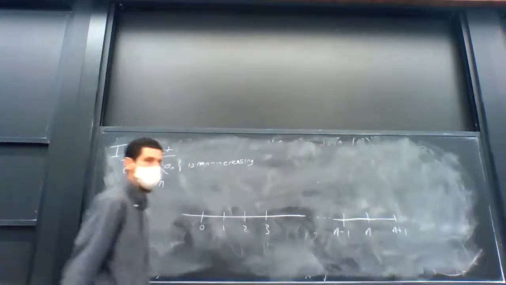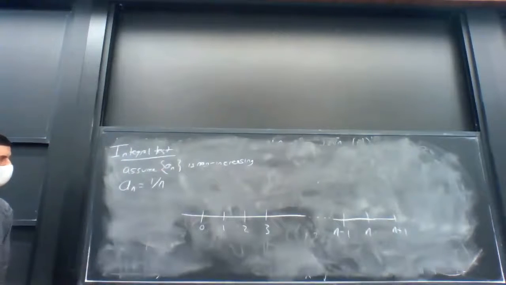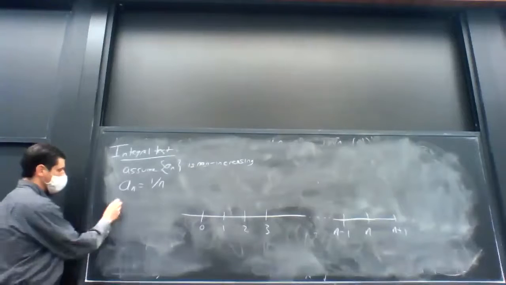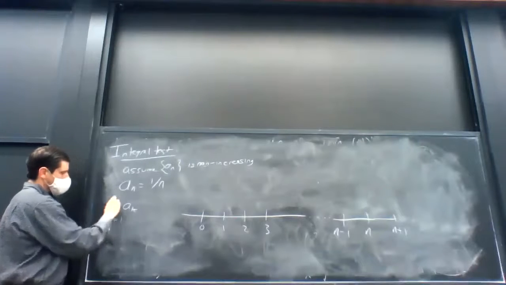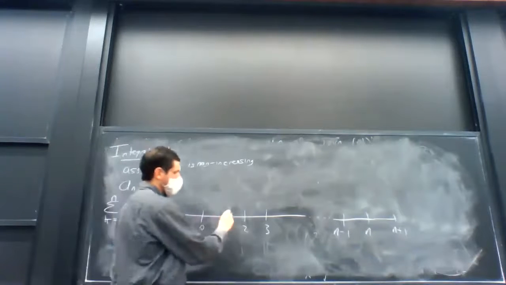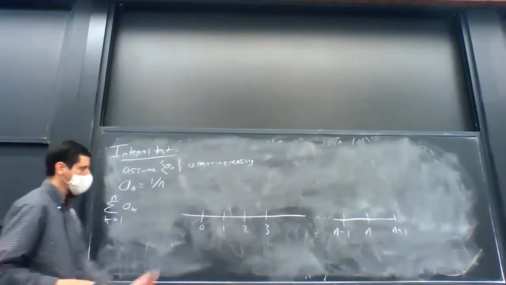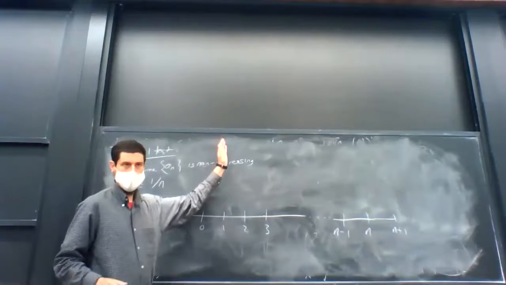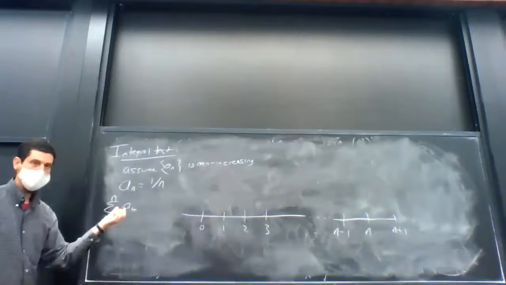So if I want to try to estimate what is the sum of a_n, maybe I want to look at the sum k equals 1 to n, and I want to estimate it. Well, all of these rectangles have thickness 1. So if I have the height be a_k, then each rectangle is going to be that corresponding term.